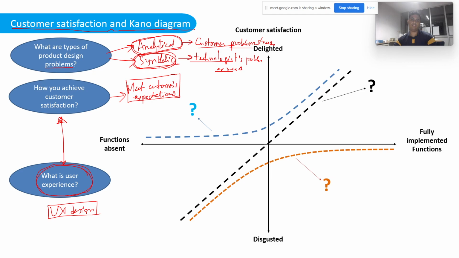So user experience design basically comprises three phases. One, the experience a user gets before buying a product.